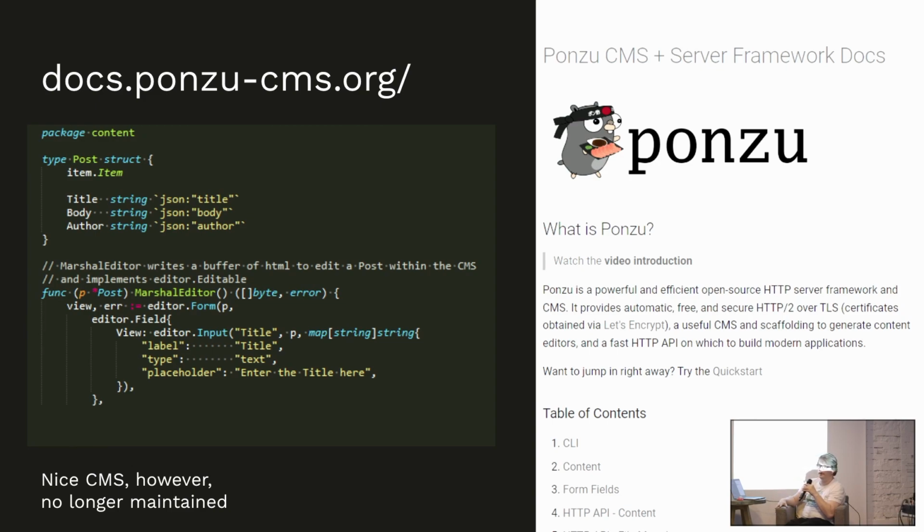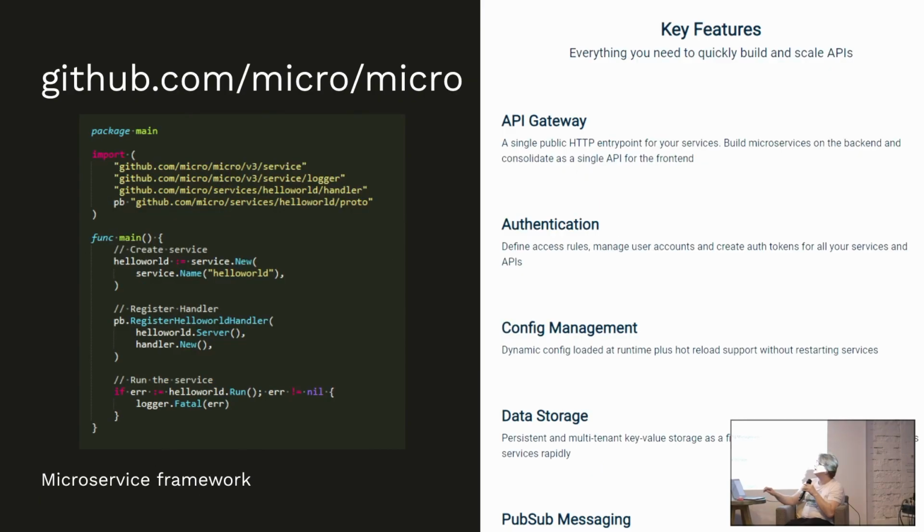Unfortunately, it's no longer maintained, but maybe someone will write an alternative for it. There's also Micro, which is for writing microservices. It does all the service discovery and all that jazz.